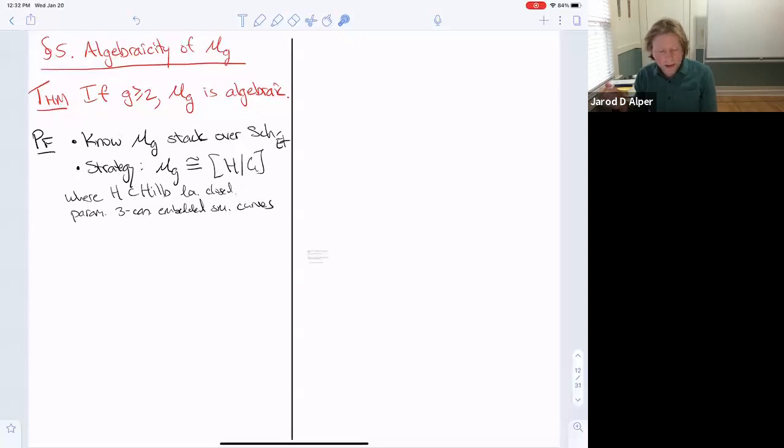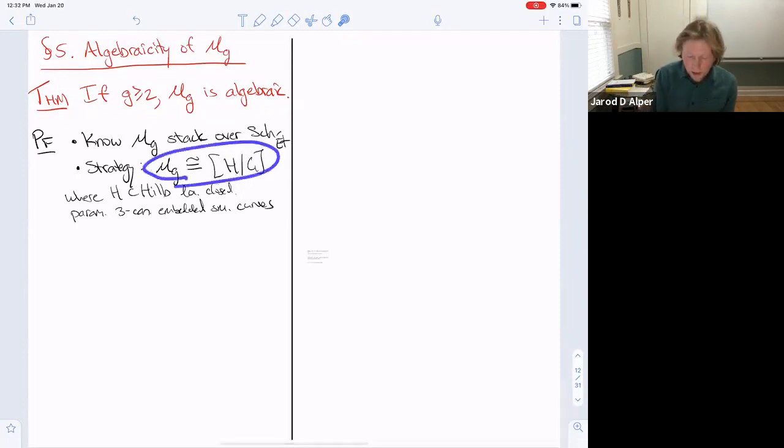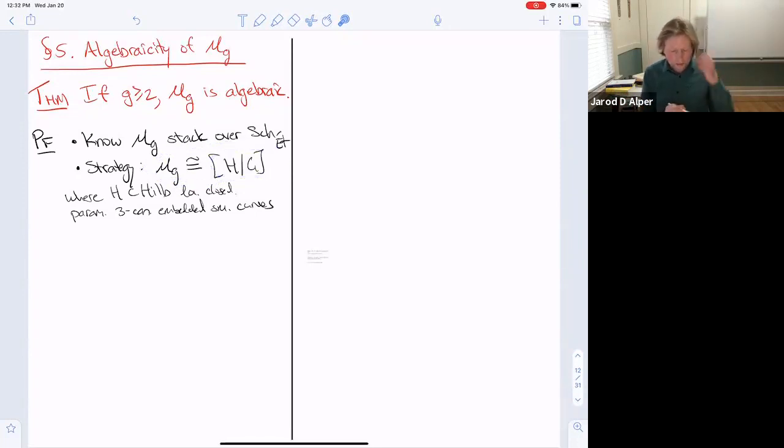And our strategy is to show that M_g is identified with a certain quotient stack, where H is some Hilbert locus parametrizing tricanonically embedded smooth curves. Because once we show this, we already know that the right-hand side is algebraic by the former result. And this will allow us to conclude that M_g is algebraic.